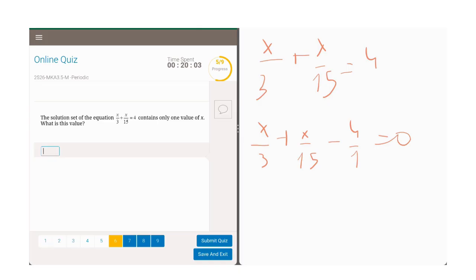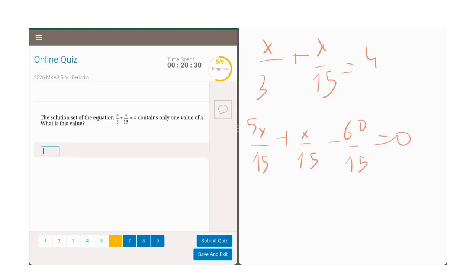We need to find the common denominator. 3, 15, and 1, the common is 15. So what do you multiply 3 by to get 15? 5. So you get 5x over 15 plus x over 15. That's already the denominator, the LCD. So multiply 1 and 4 both by 15, get 60 and 15.